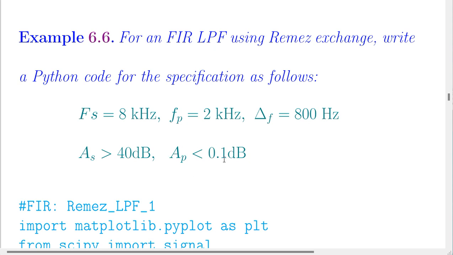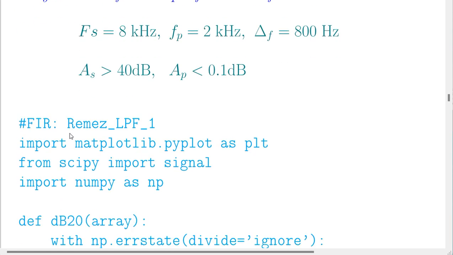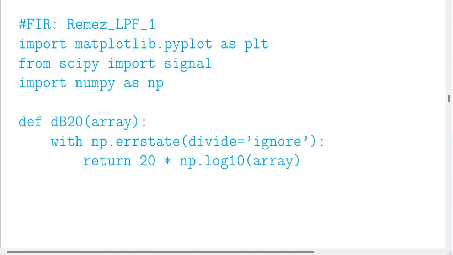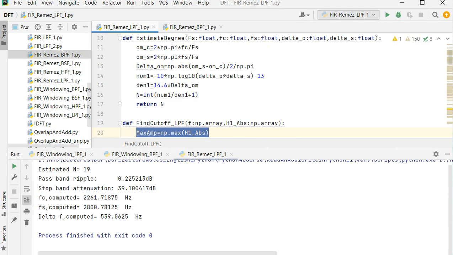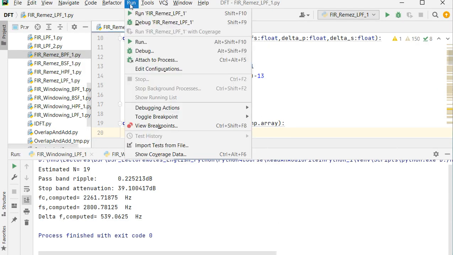We didn't mention it for the windows method. Okay, but here it's a parameter as input to the program. Now we'll go to PyCharm and run the program.